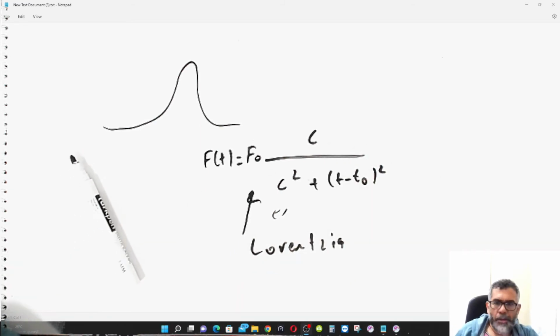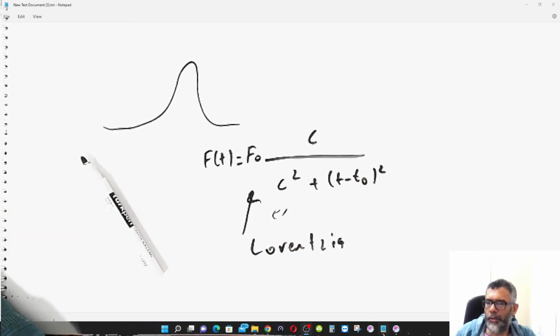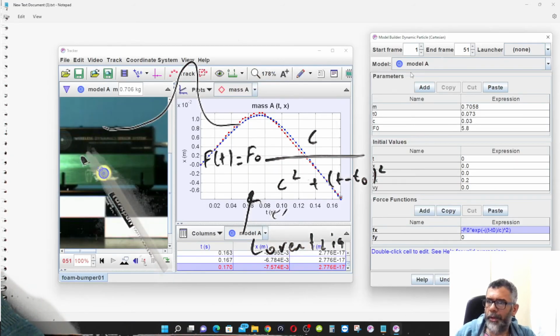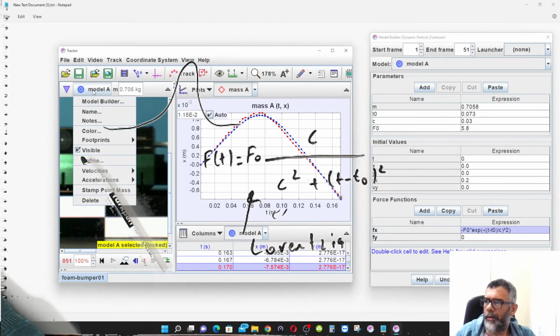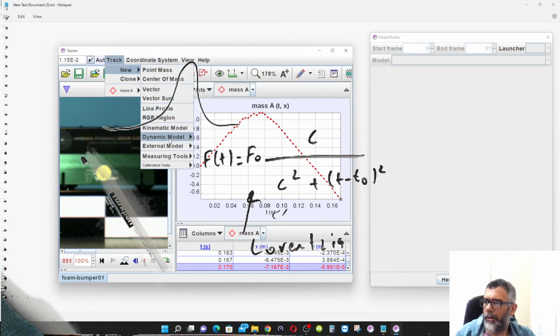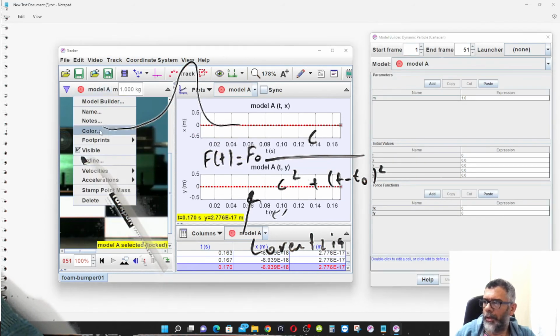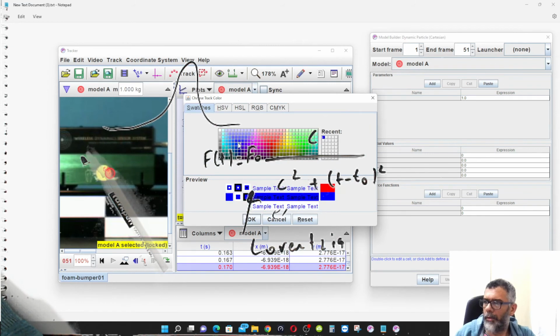So instead of the exponential function, let's try this, okay? Now, what I'm going to do is erase this model A, delete it, and create another model. Dynamical model. Okay, and again, let's change its color to blue.